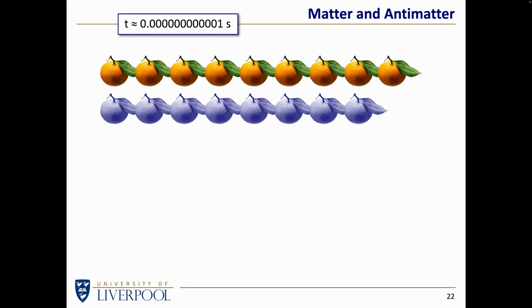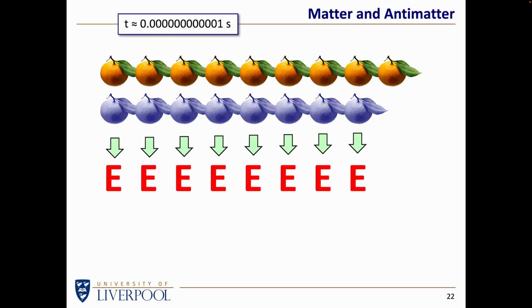But when we start thinking about annihilation of matter and antimatter, we can see that all of these matter and antimatter pairs on the left are going to annihilate with each other and make energy. Energy usually in the form of gamma rays, electromagnetic radiation. So the matter and antimatter is going to produce radiation, but what happens to this little bit of matter on the right-hand side?